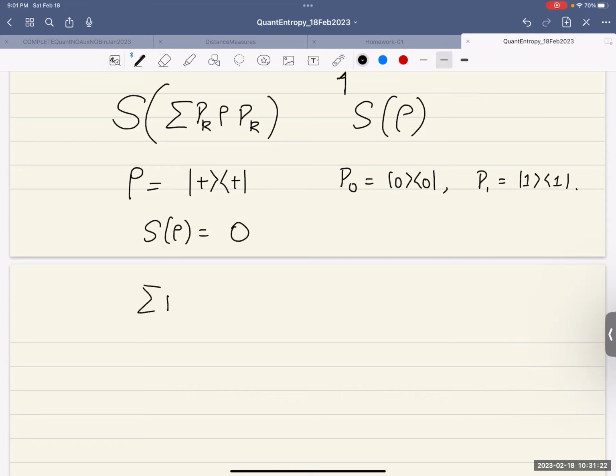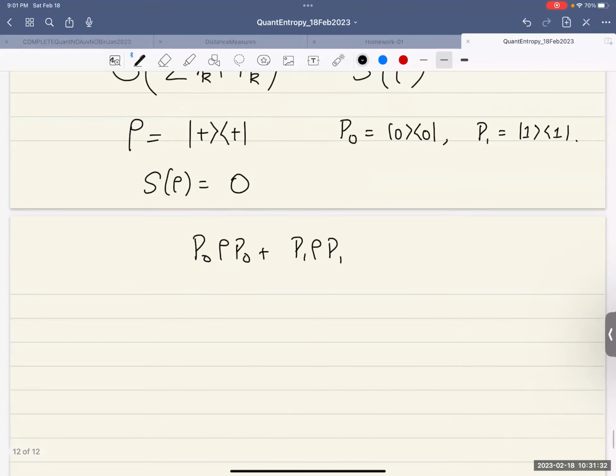What is summation pk rho pk? So what is P0 rho P0 plus P1 rho P1? So this guy is 1 by root 2 times 0 plus 1 by root 2 times 1.